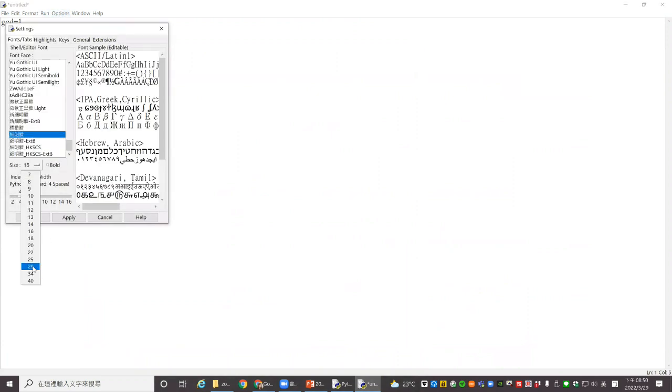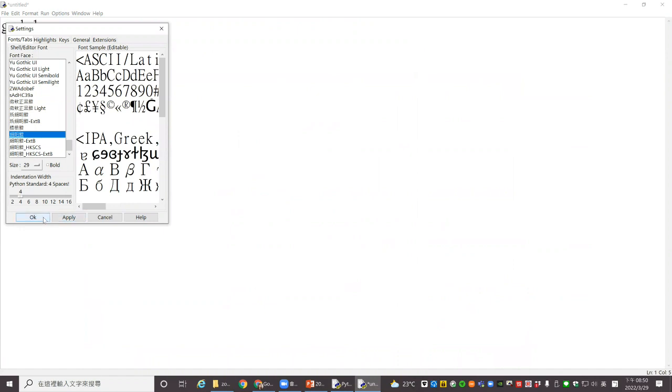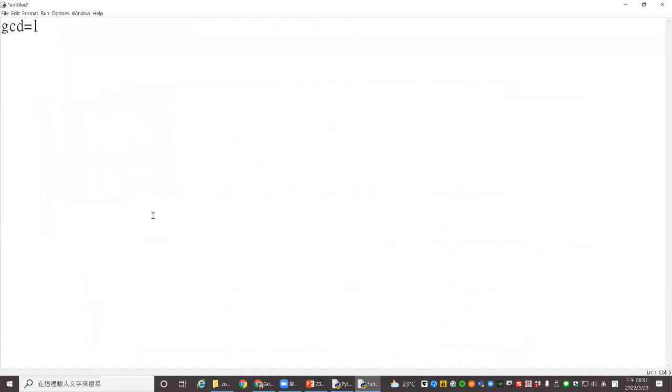Okay, so I think I can adjust the font size, because last time we talked about the multiplication table, right? Okay, so now k equals 2 because we will find it from 2, right? And we also want the users to input something. So we want n1 to be something the user can input, right?